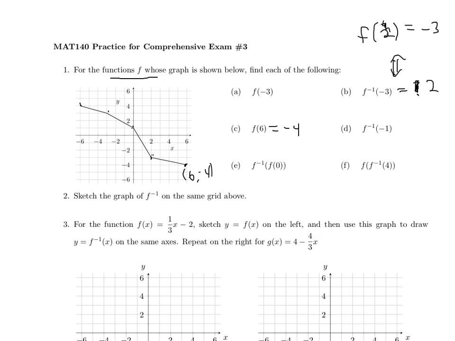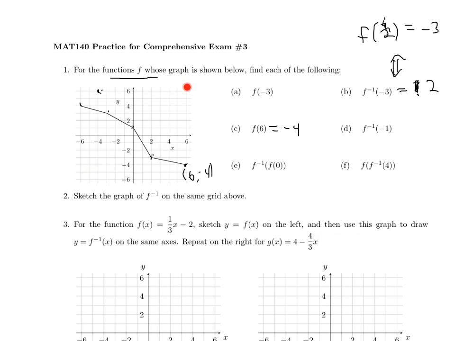Let me plot a few, thinking about number 2 here, to make sure we're doing it right. For example, the point (6, -4), when you reverse the coordinates, becomes (-4, 6), which is up here. That's the mirror image of the point we started with across this line, the imaginary line where the x and y coordinates are equal to each other.